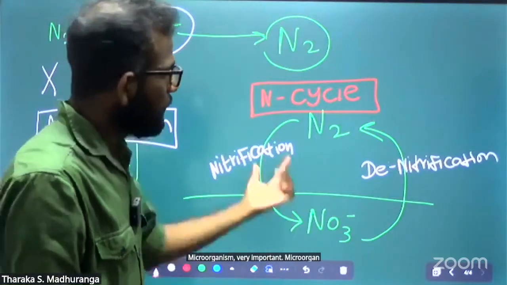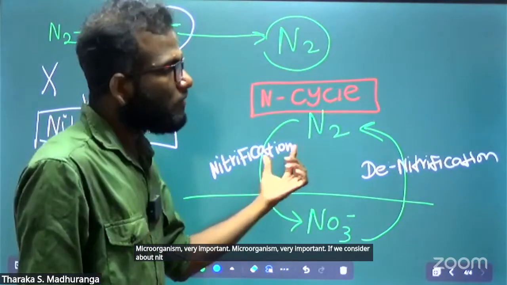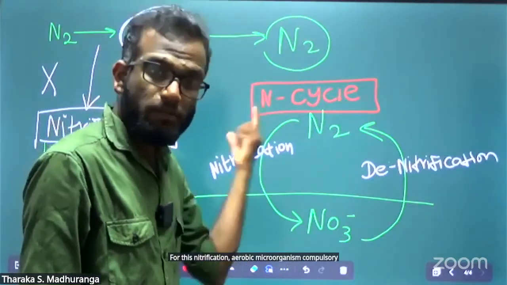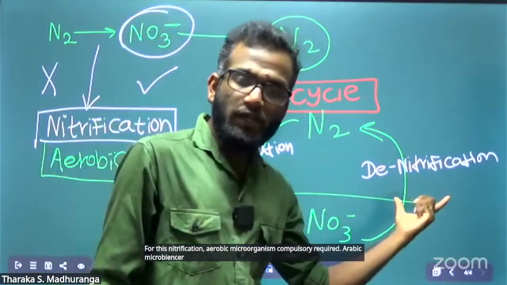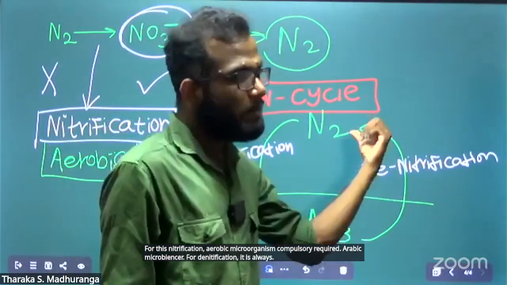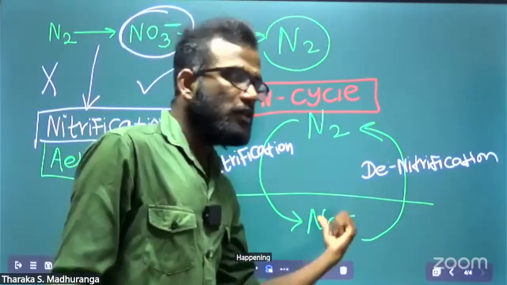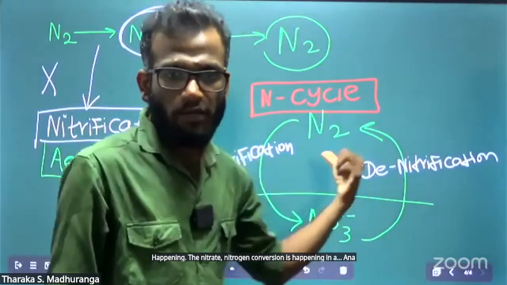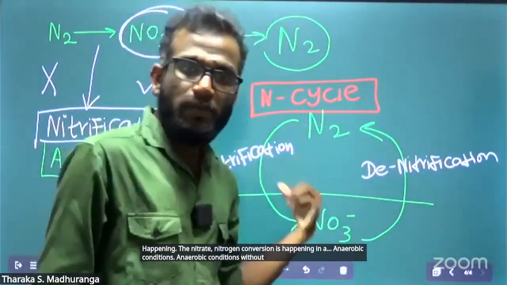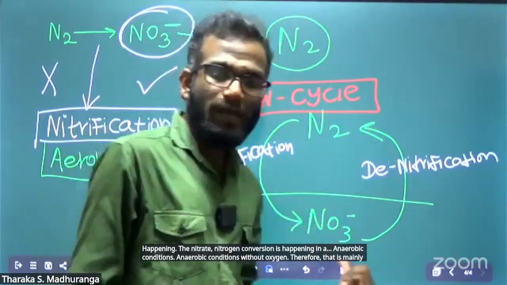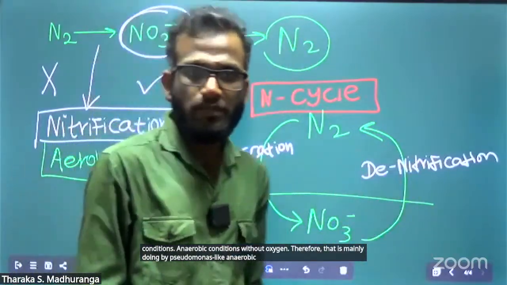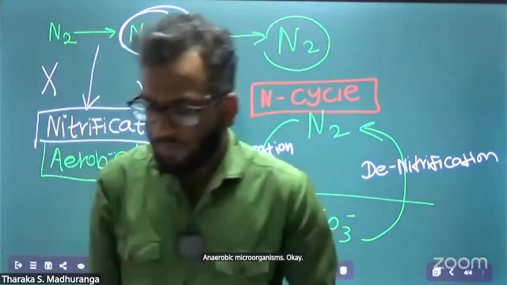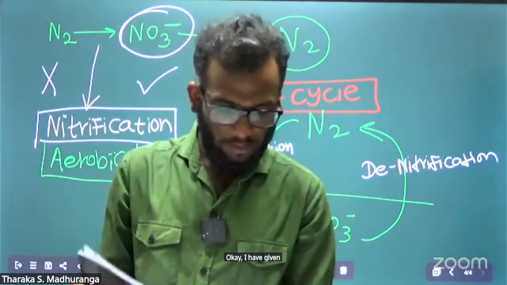For nitrification, aerobic microorganisms are compulsory. Denitrification always happens in anaerobic conditions, without oxygen. Therefore, it is mainly done by anaerobic microorganisms like Pseudomonas.